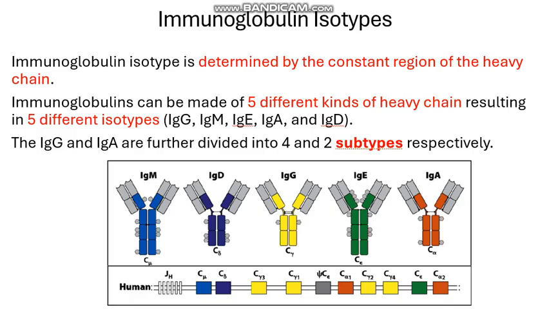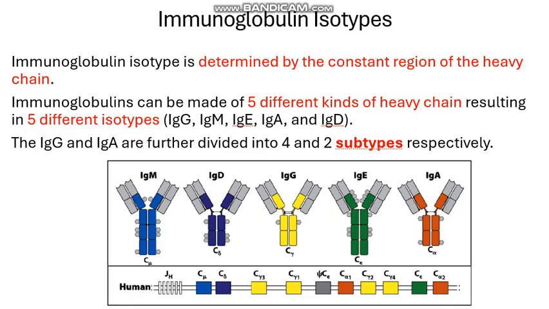Well, they all belong to the same isotype, but we can further divide isotypes into subtypes. I've written here that there are 4 subtypes of immunoglobulin G. Each subtype is determined by which one of these 4 genes is responsible for coding for the heavy chain.